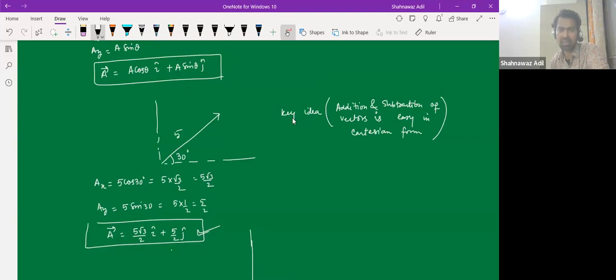So why this resolution of vector equation? This is just to remember why we do the resolution of vector equation.